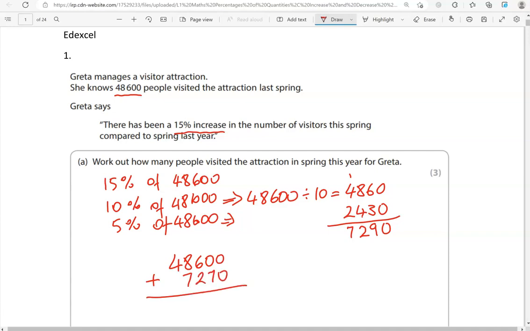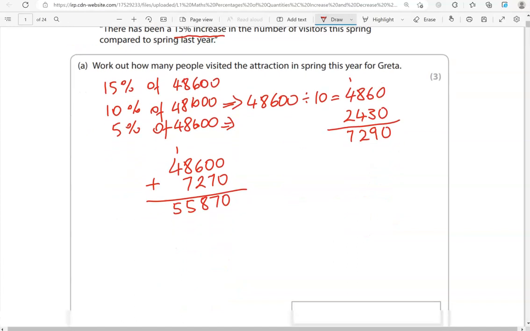So we can work out the number for this year. There we have 0, 7, 8, 15, so 5 down, 1 carried over, 4 and 1 is 5. So 55,870 is the number for this year.